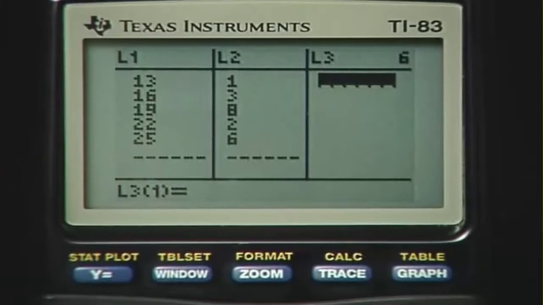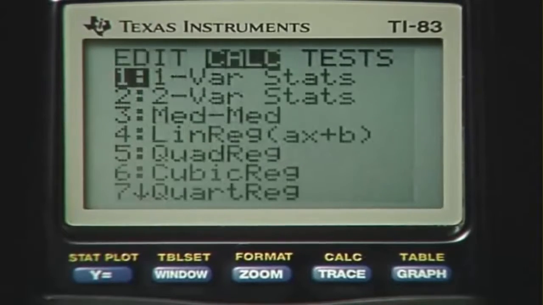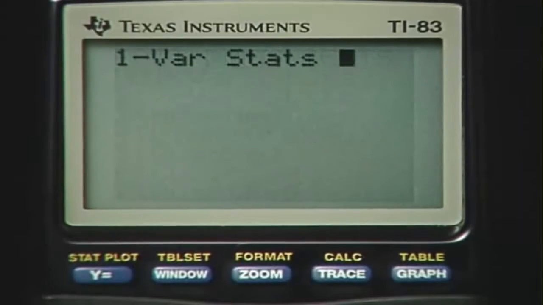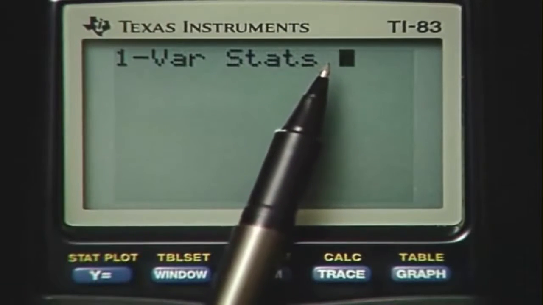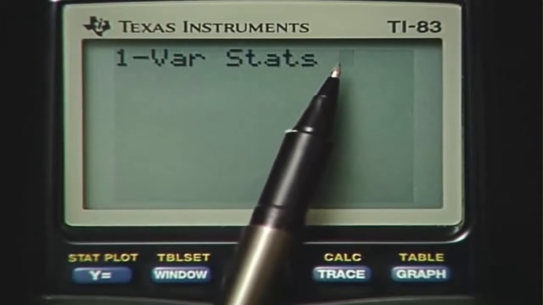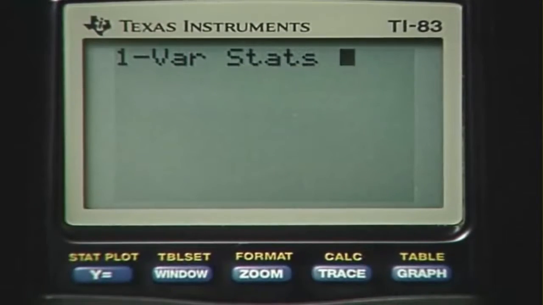Once these are entered, L1 is the entries and the frequencies are in L2. We press Stat, then Calc, and press Enter because we want one variable stats. The protocol is to enter the name of the list where our basic entries are, followed by a comma, and then the name of the frequency list. So our main list is L1.